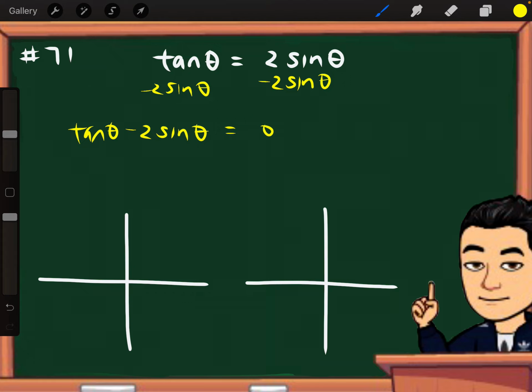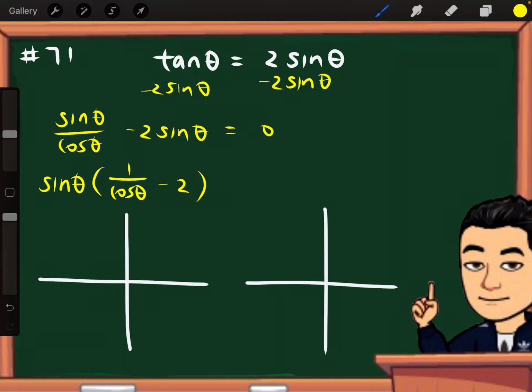We know tangent can be rewritten as sine over cosine, so I'm going to write sine theta over cosine theta. I'm going to factor out the sine theta from these two terms, so I get sine theta times (1 over cosine theta minus 2) equals 0.